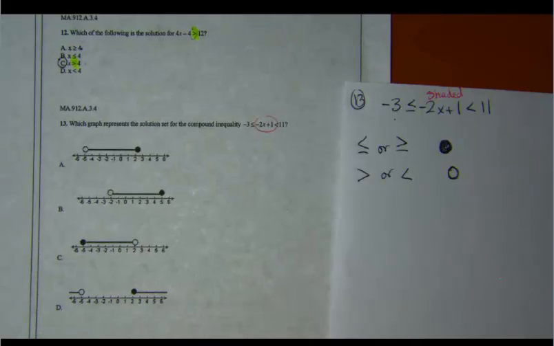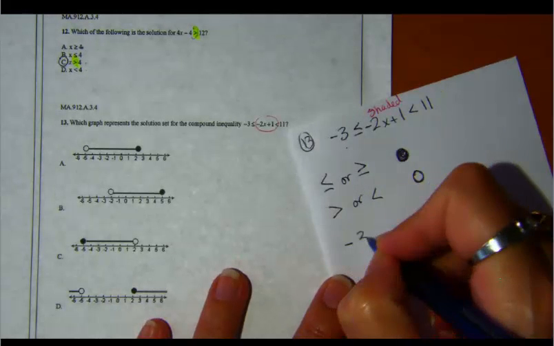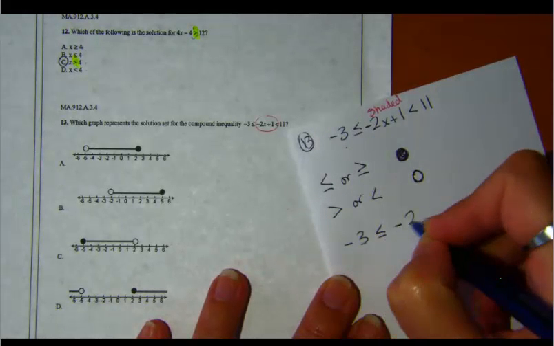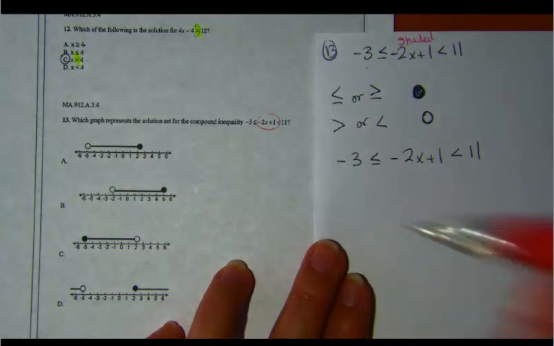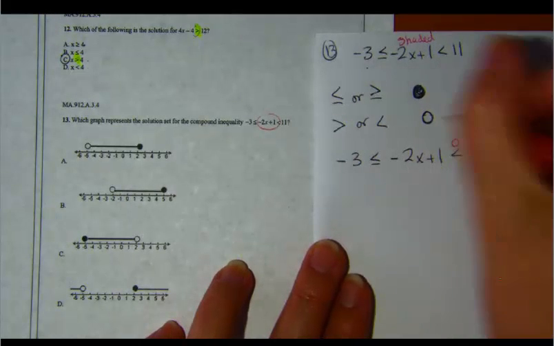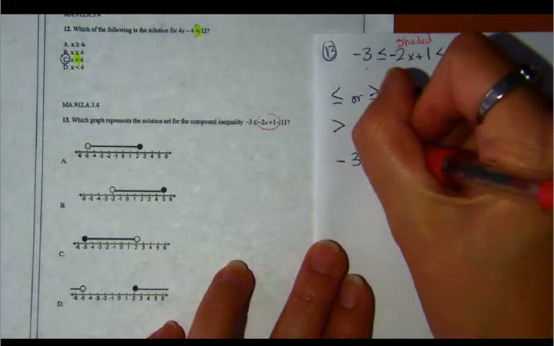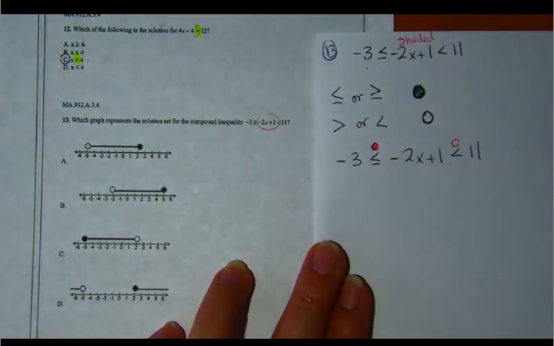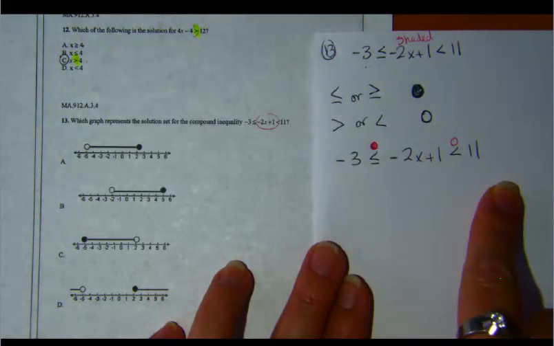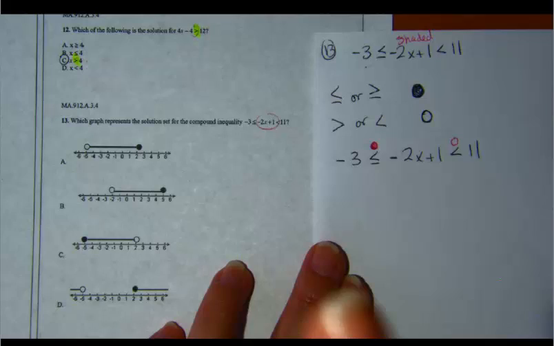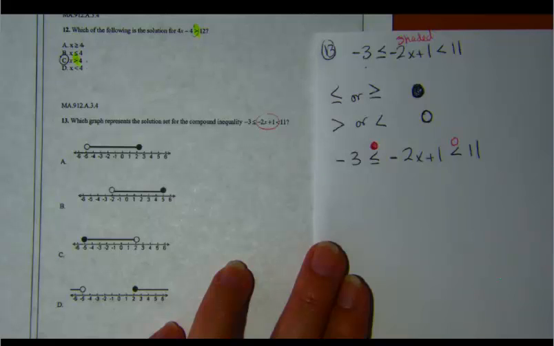But I'm just going to go ahead and solve it. I have negative 3 is less than or equal to negative 2x plus 1 is less than 11. Keeping in mind this is an open dot and this is a solid dot. Now I have 3 parts to this problem instead of just 2. So instead of doing the same thing to both sides, I have to do the same thing to 3 sides.